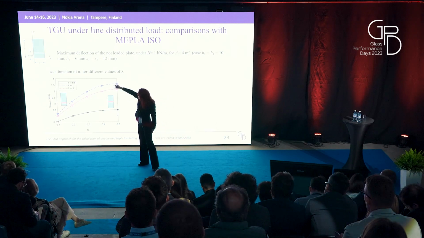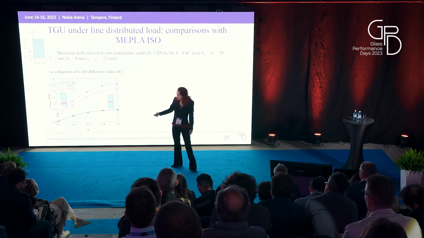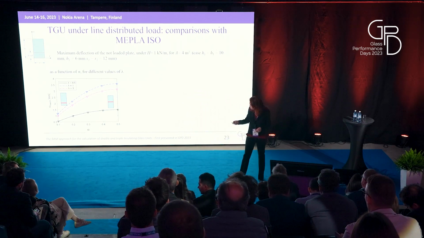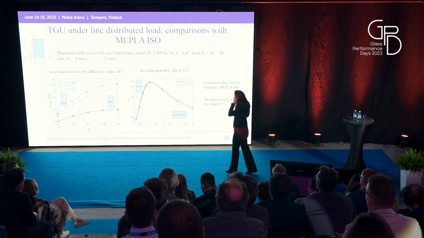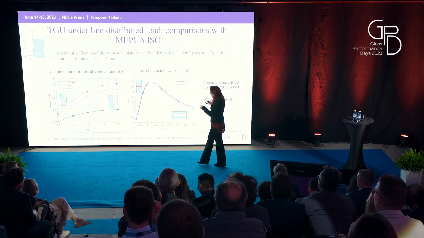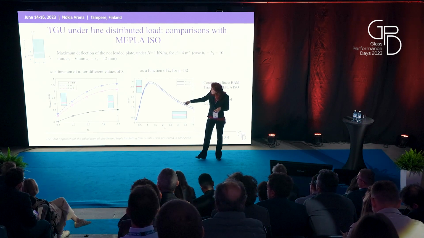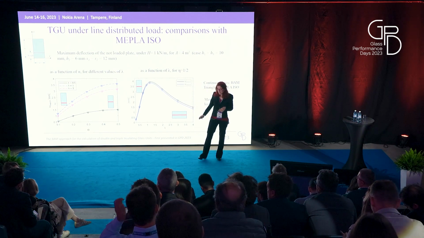The different curves correspond to different aspect ratios of the IGU. The graph on the right instead considers only the case of load applied at the midspan and investigates the influence of the plate aspect ratio.